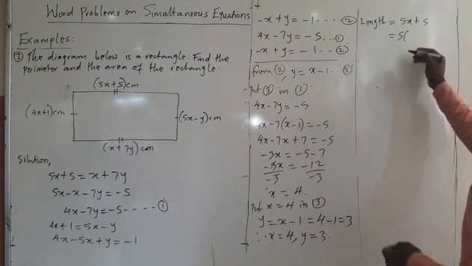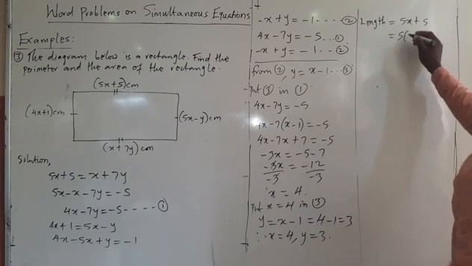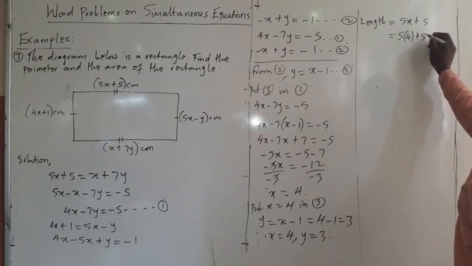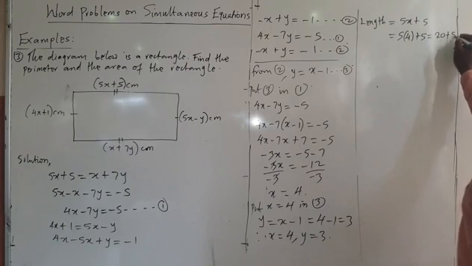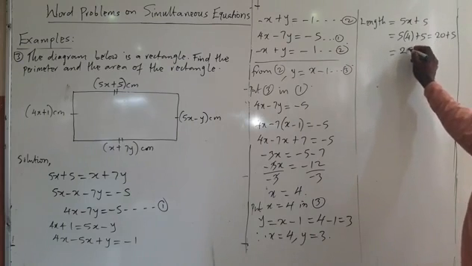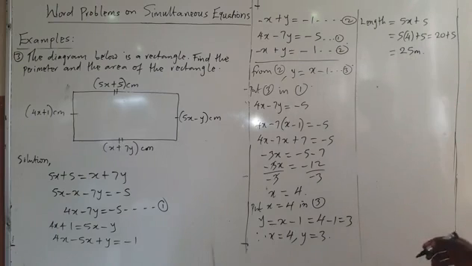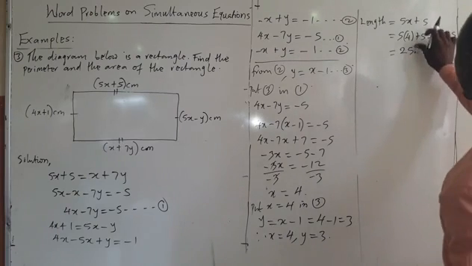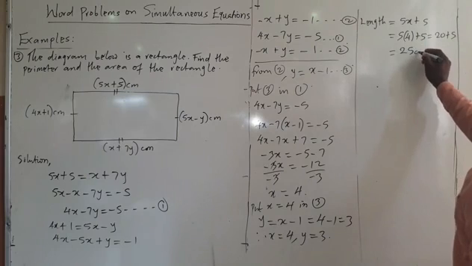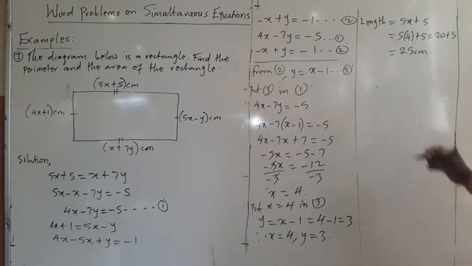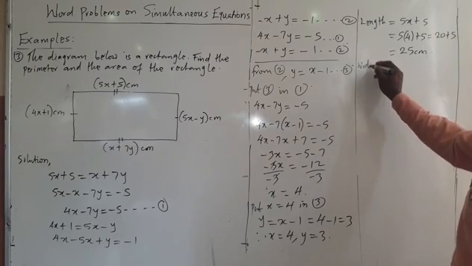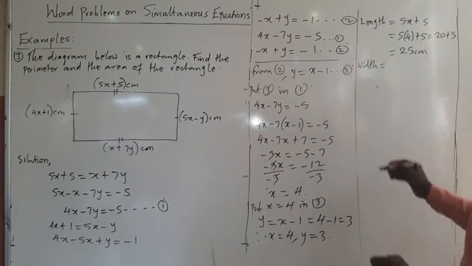So 5 into, the value of x is 4. So 5 into 4 plus 5, which is 20 plus 5. So the length is 25 centimeter. So the unit is in centimeter, so 25 centimeter. While the width is, you can use any of the two.